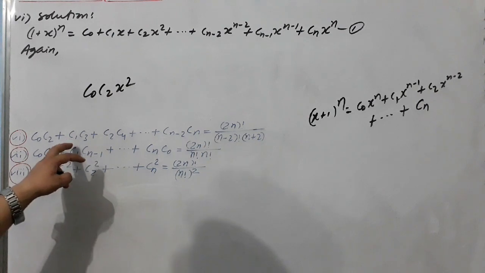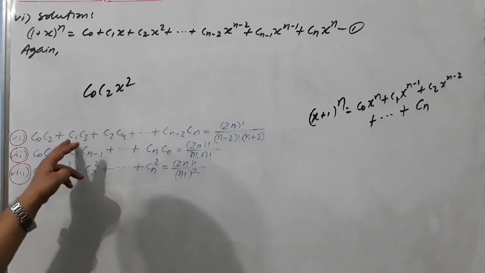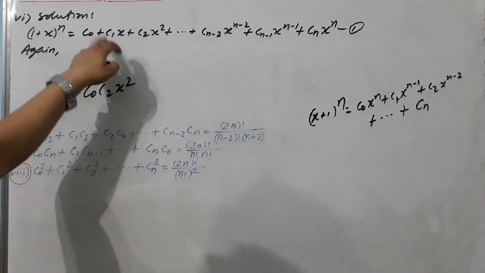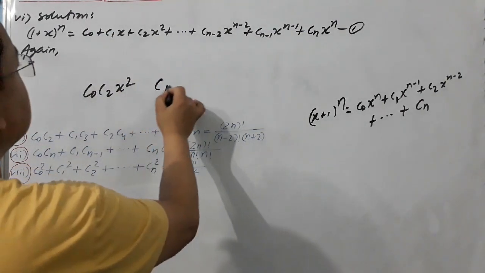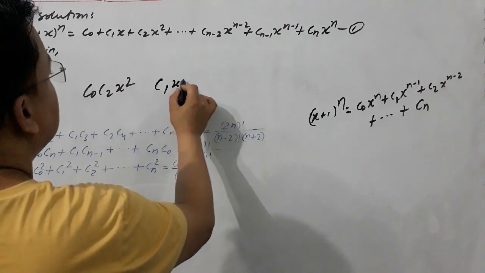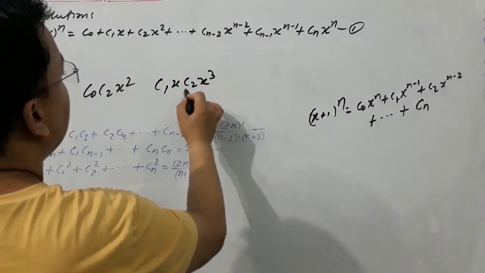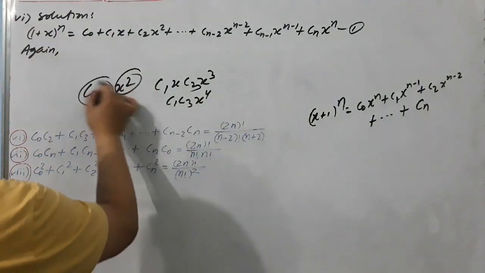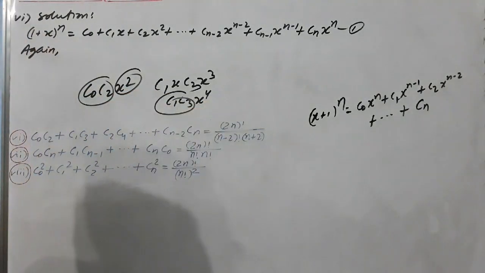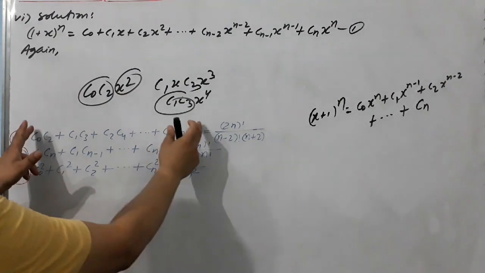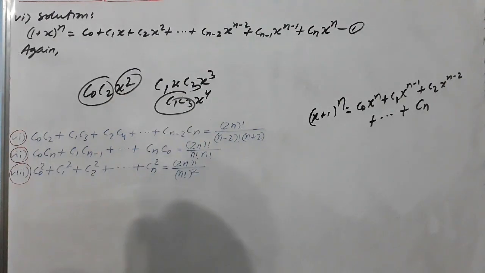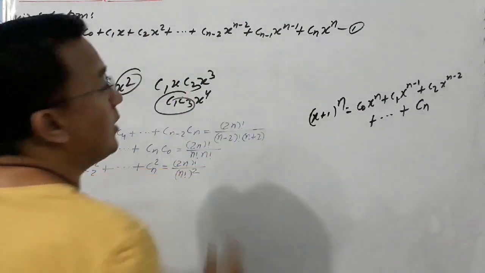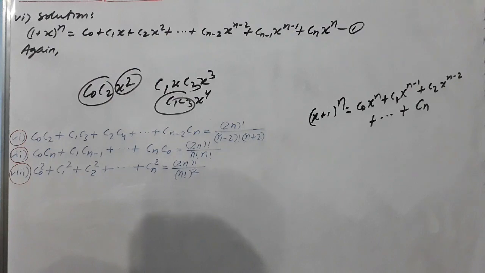Now let's see whether these two are also coefficients of x square or not. c1 c3 x^4, you will have c1 x, c2 x cube, c3. This is the coefficient of x square, this is the coefficient of x^4. As I told you, these all are the coefficients of one term. So rejected.